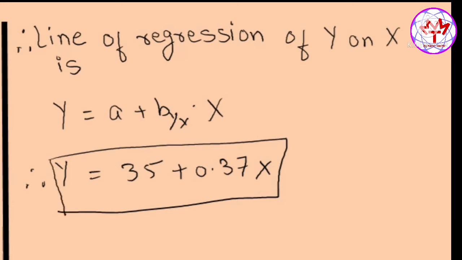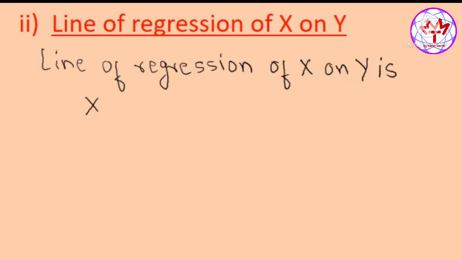Now let's solve sub question number 2. We all know that line of regression of x on y is x is equal to a dash plus bxy into y. So we need to first find the values of bxy and then a dash.